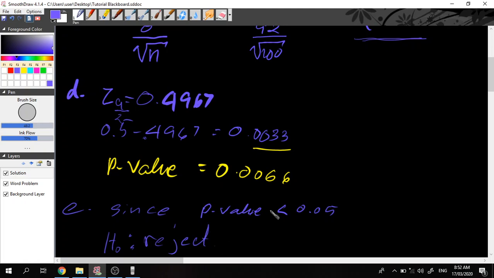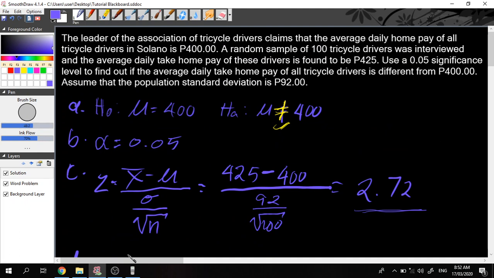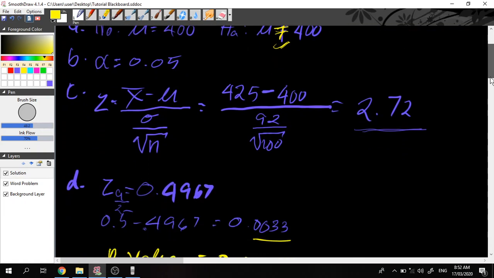We reject H0. Ibig sabihin, we found out that the average daily take-home pay of tricycle drivers is different from 400 pesos. Ibig sabihin, pwedeng mas mataas dyan, kasi yung test natin mas mataas. So, ganun lang siya mag-test ng hypothesis.